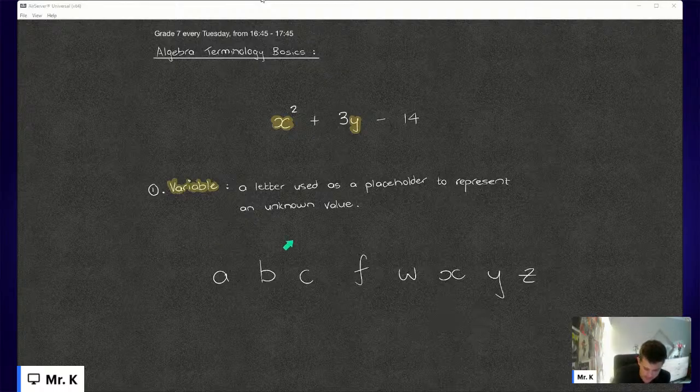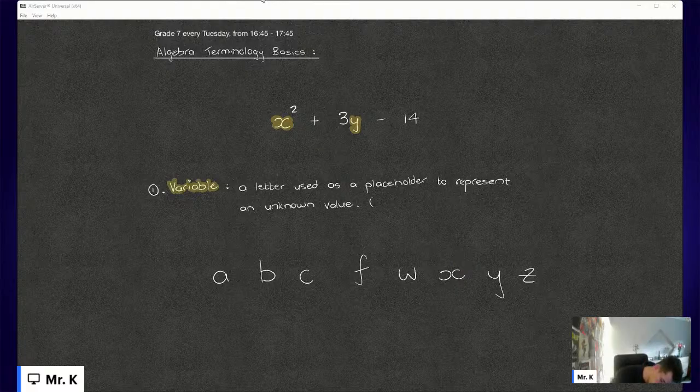Okay, these over here are the most common letters, so you can write these in brackets if you would like to. A, B, C, F, W, X, Y, and Z.